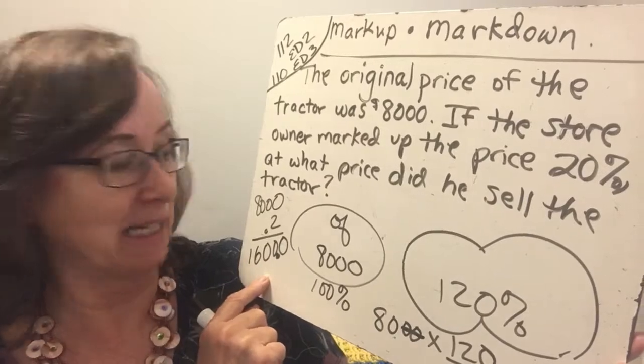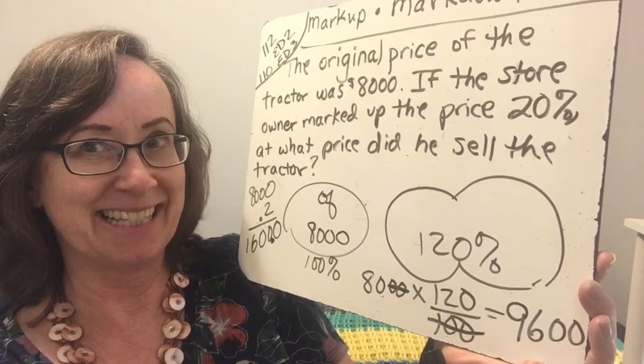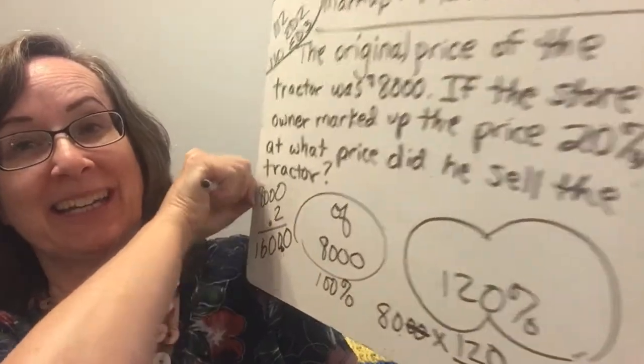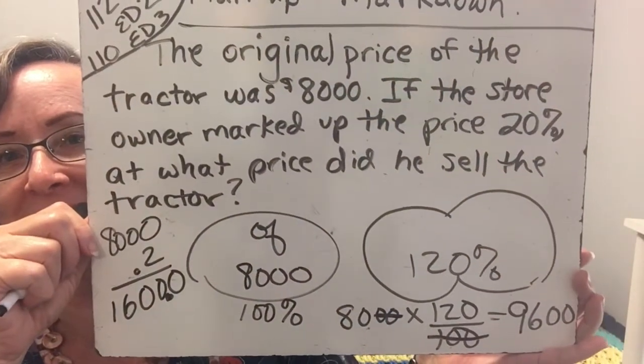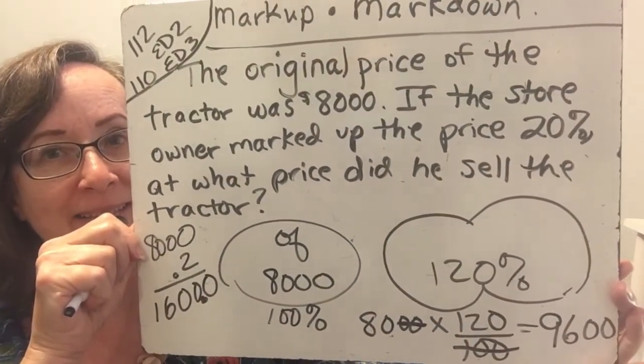I'd add the 1,600 back to the 8,000, and guess what I would get again? 9,600. Pretty easy. I forgot to tell you to pause your video. I hope you did it anyway.